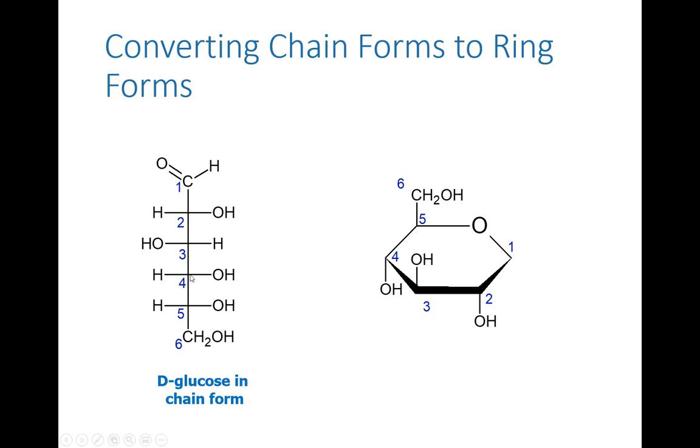And then carbon number 4, any hydroxyl pointing to the right, goes down. And as I said, 5 is always fixed, so if it's drawn to the right here, you'll see it has to be going actually to the right there, because that's a permanent part of the Haworth projection. And then 6 would be always that CH2OH.